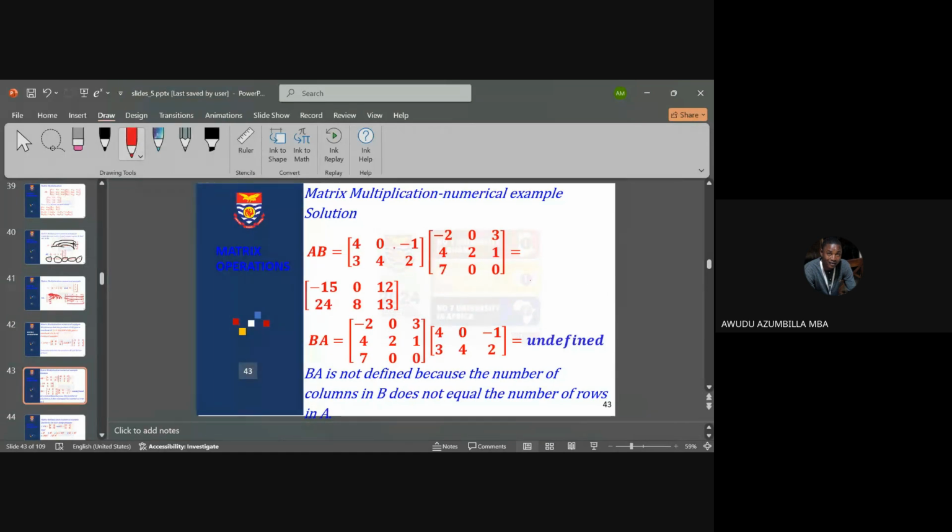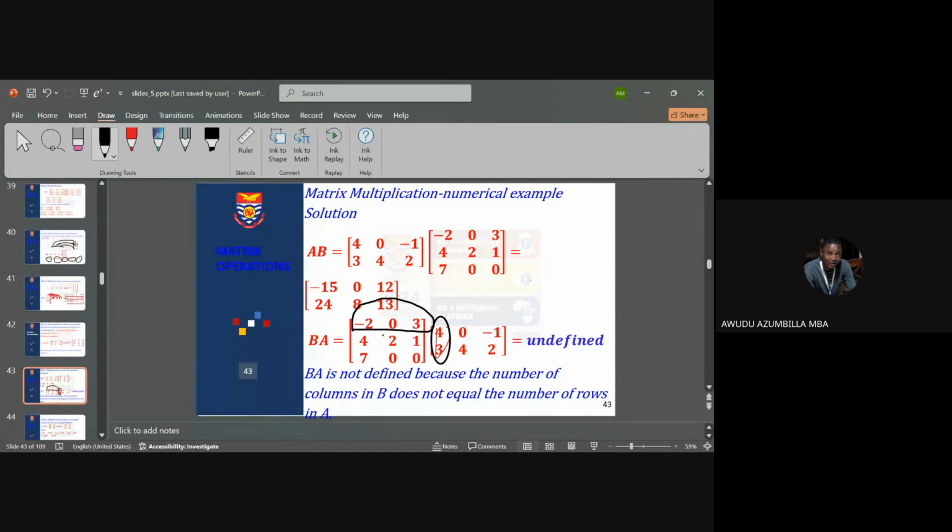If you multiply B first before A, the number of rows here is 3, but the number of columns here is only what? 2. So we cannot apply the multiplication rule here.